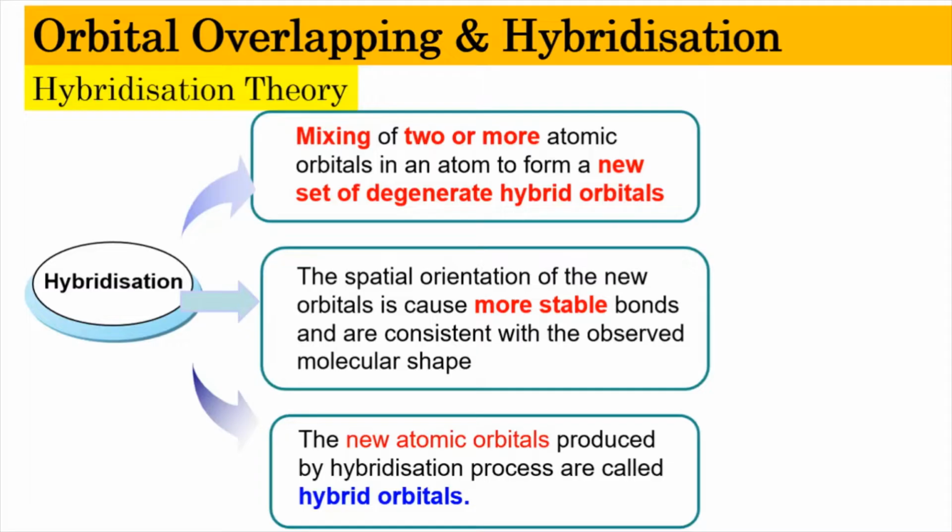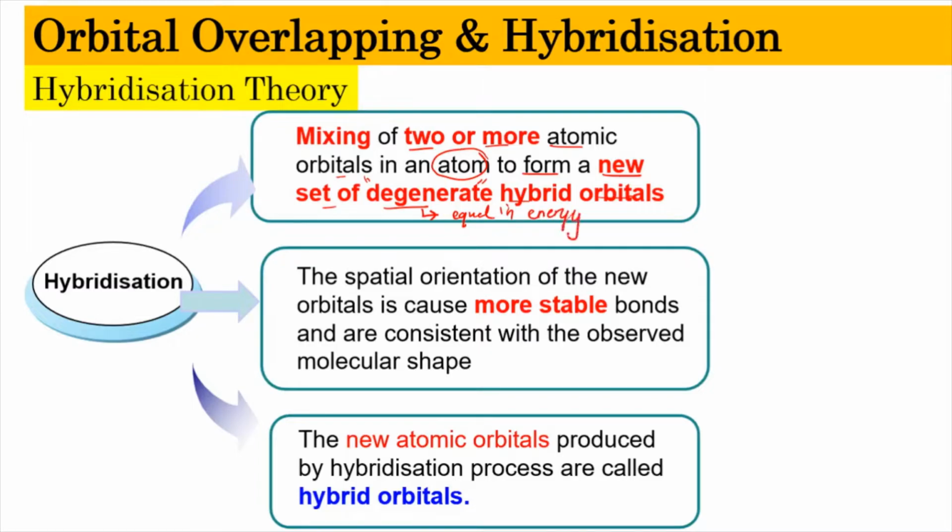So it's a mixing of two or more atomic orbitals in an atom in order to form a new set of degenerate hybrid orbitals. Degenerate here means we're going to produce new hybrid orbitals that are equal in energy.